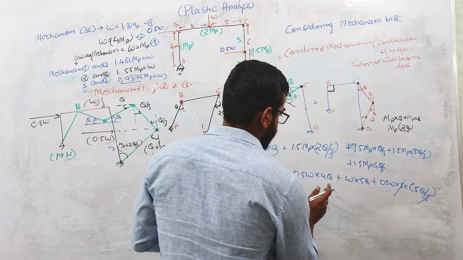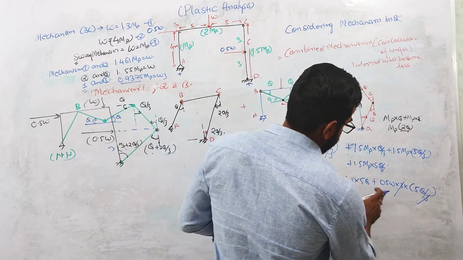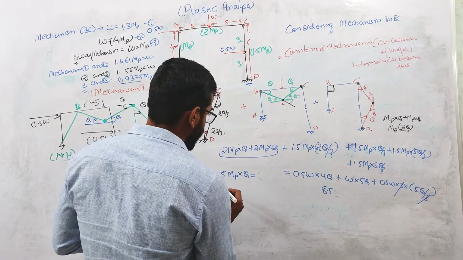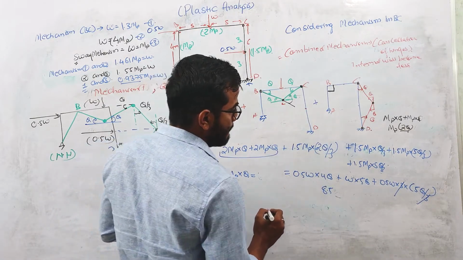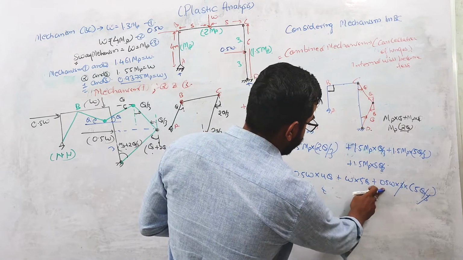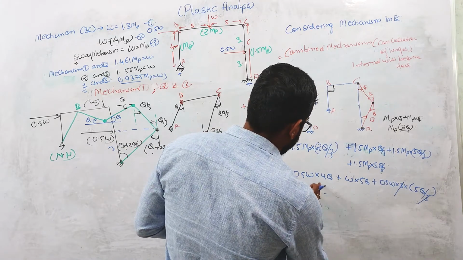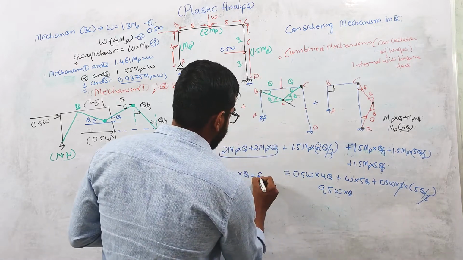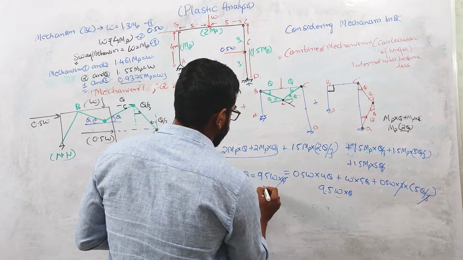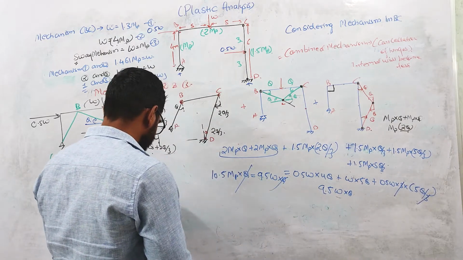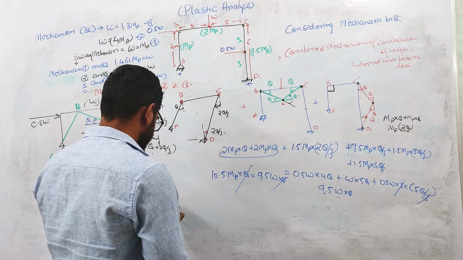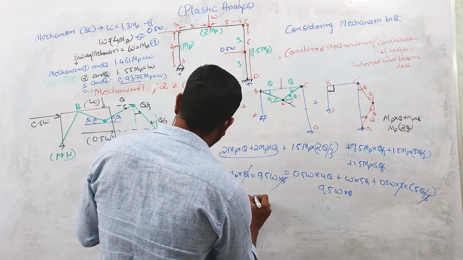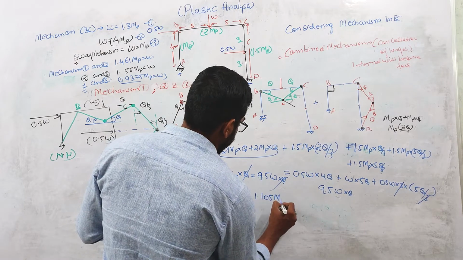This will cancel out. This is 9.5 W into theta. So this will be equal to 9.5 W into theta. Theta will cancel out each other. So 10.5 divided by 9.5, so W comes out to be 1.105 MP.